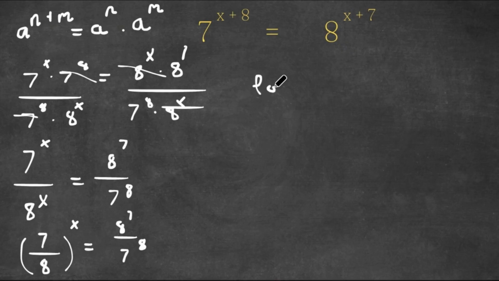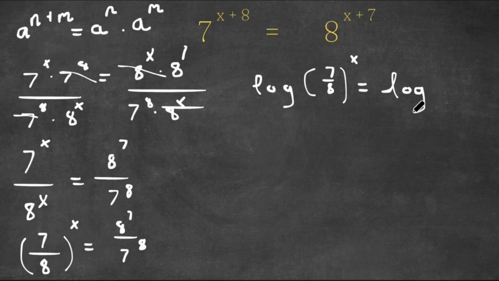So now we have log of 7 over 8 to the power of x is equal to log 8 to the power of 7 over 7 to the power of 8.